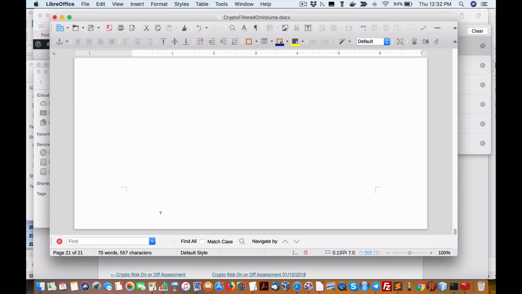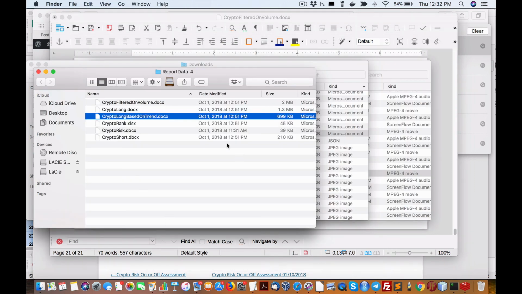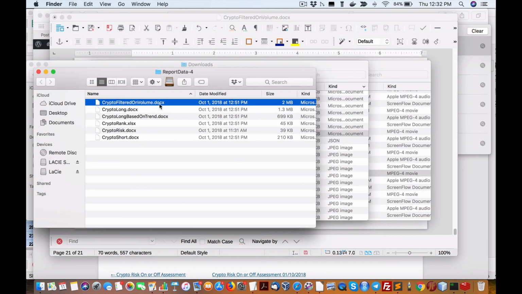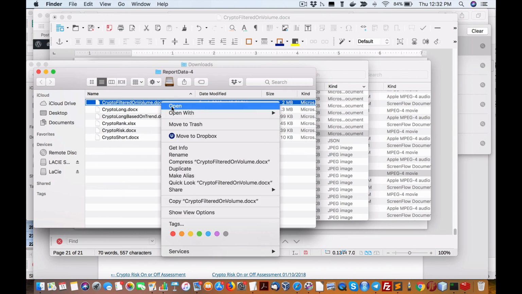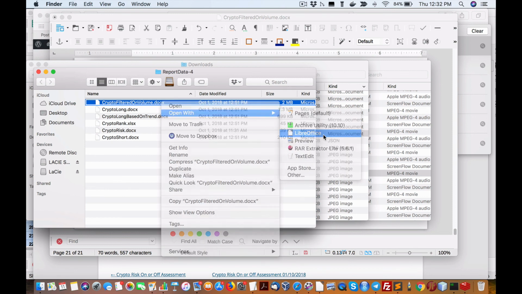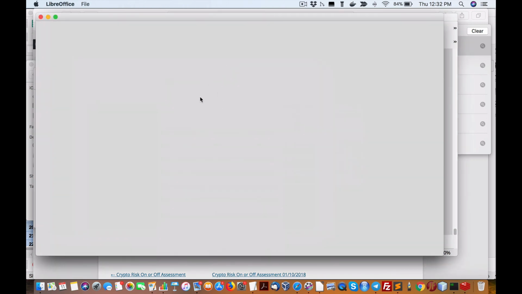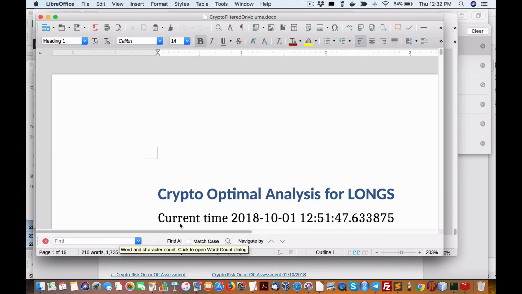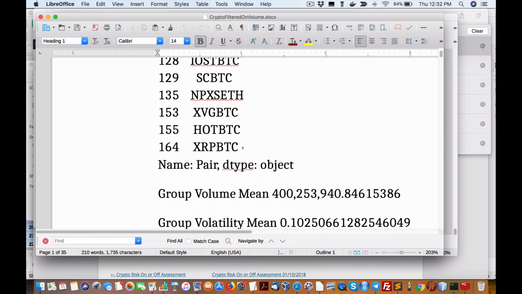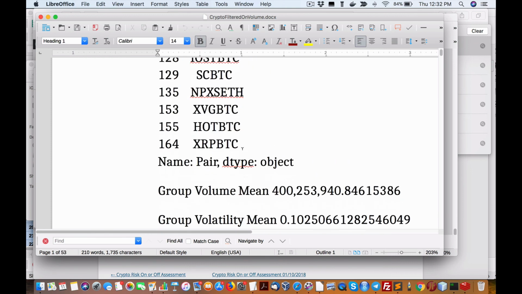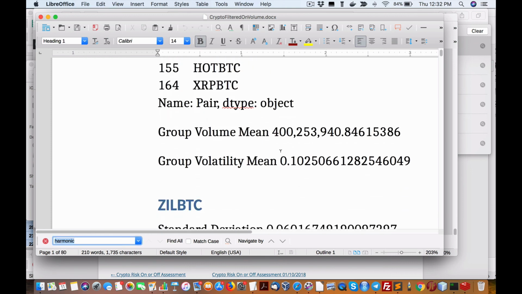Okay, so let me go into one last chance here. This one should have them. It's a big file. 2 meg is big. It takes a while. It's 210 pages. So you can see here, this is a very positive market. Everything stays the same.